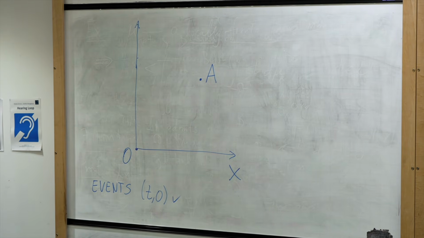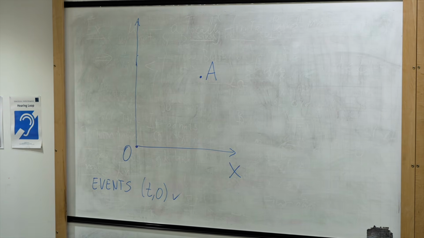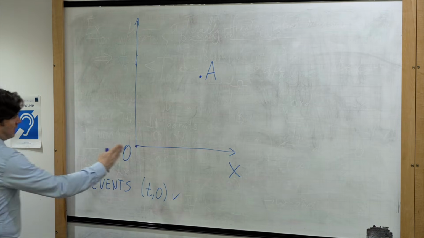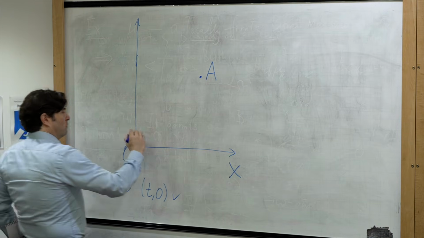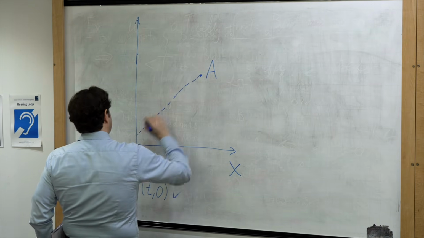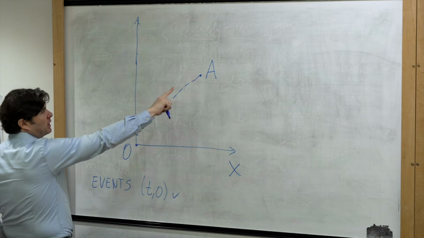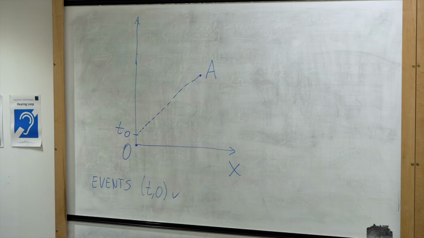I want to assign coordinates to that event. I want to understand how the observer would assign coordinates to that event. So the observer is here, and we throw a ray of light at some time t0 so that it hits the event A.